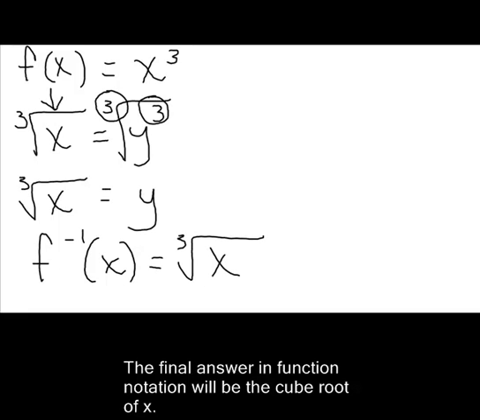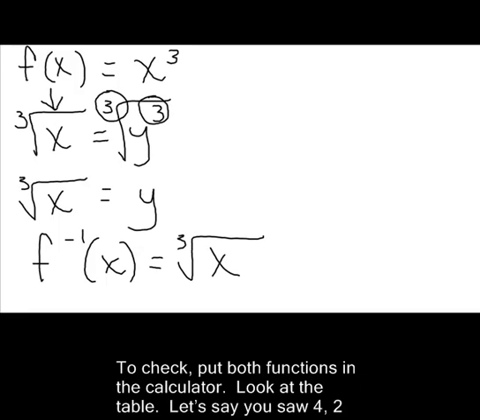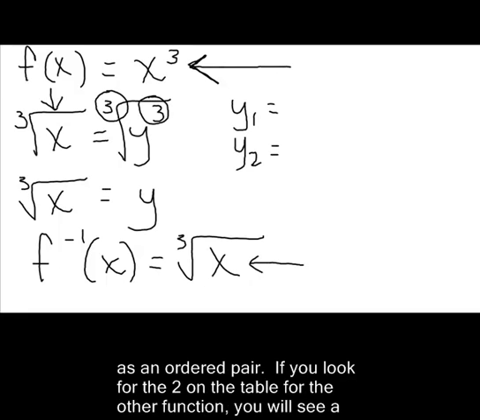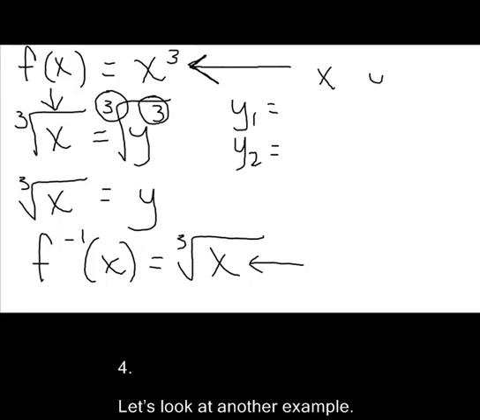An easy way to check this would be to take your calculator and put the original function in like you're graphing for y1. For y2, put the one that you think is its inverse, and then look at the table. When you look at the table, since you have two functions in there, you're going to see something that looks like this.